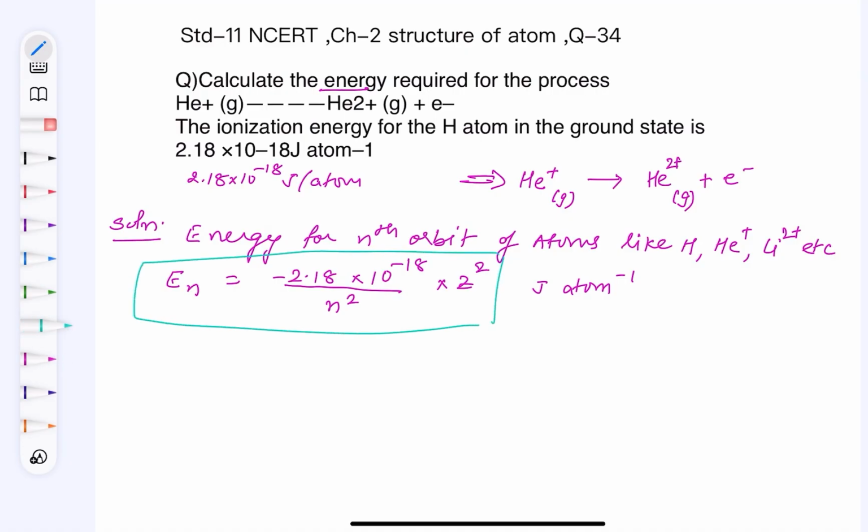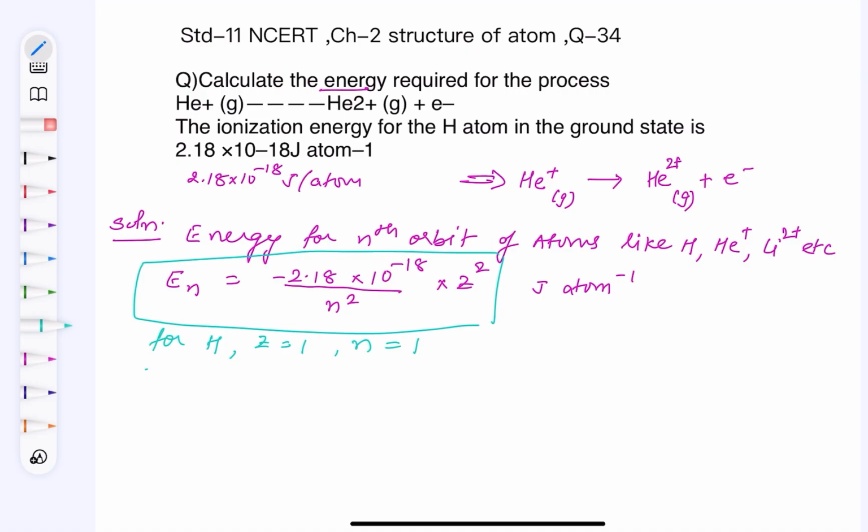Now for hydrogen atom, you will have Z equal to 1 and n equal to 1, where Z is the atomic number of hydrogen and n is the orbit. We know that the electron is in the first orbit for hydrogen.